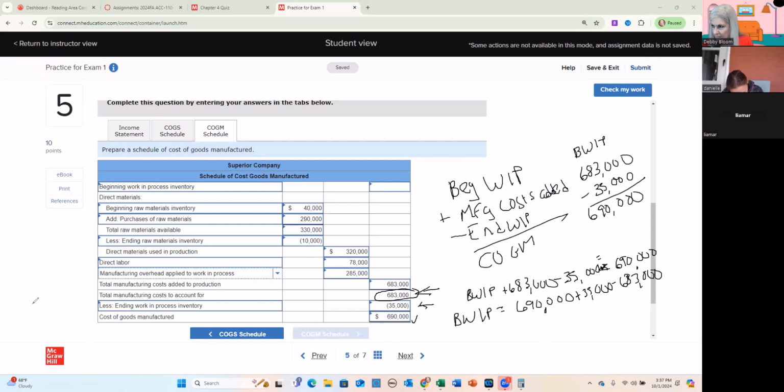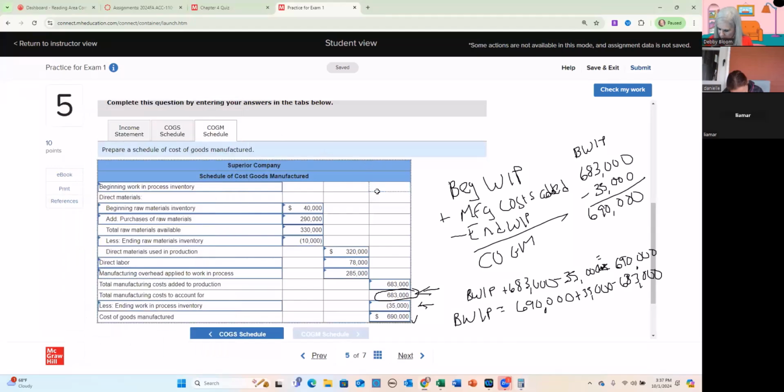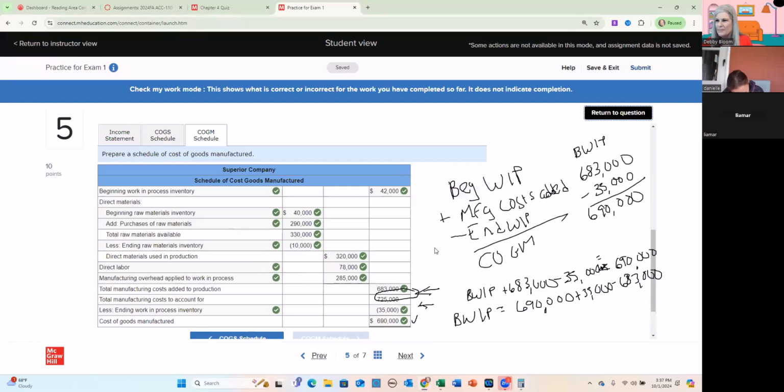In my calculator, 690,000 plus 35,000 minus 683,000 comes down to 42,000 as beginning work in process inventory. And now let's see if I know what I'm talking about. Boom.